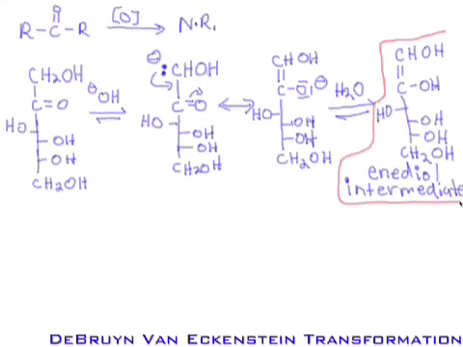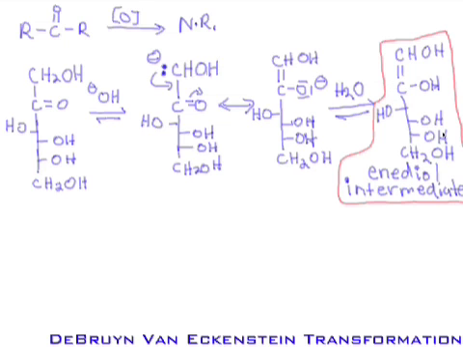Now we learned about enols last semester. And enols, we learned, were unstable and could tautomerize back to the keto form. So essentially what I'm showing you here is how this tautomerization took place.